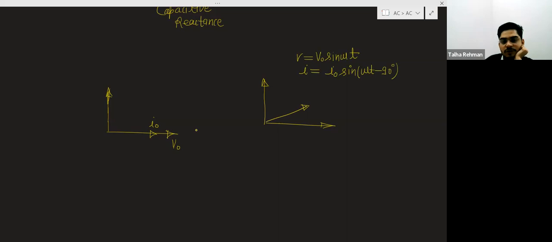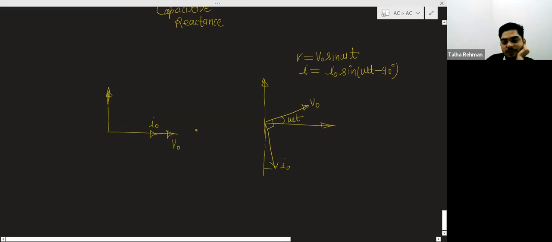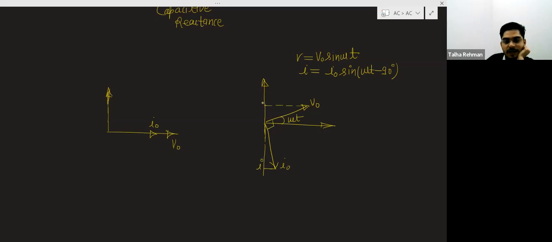Suppose this is your V naught, making an angle of omega t. Then the current is lagging behind the voltage by 90 degrees. This is I naught. If you take the projection of I naught on the y-axis, you get the instantaneous value of the current. If you take the projection of the voltage on this axis, you get the instantaneous value of the voltage.